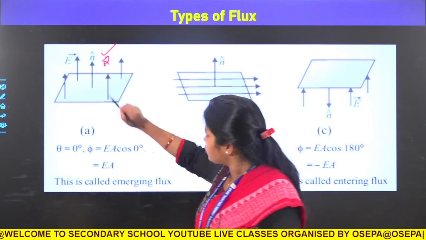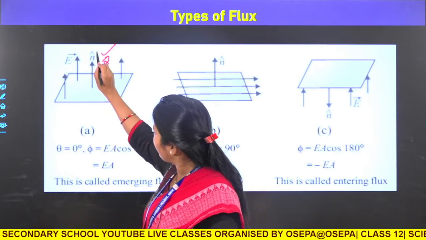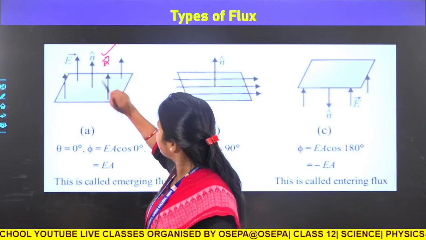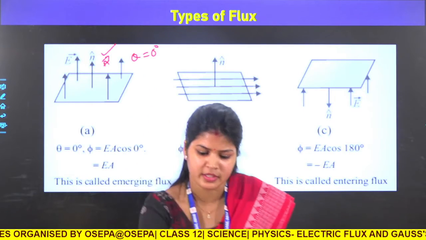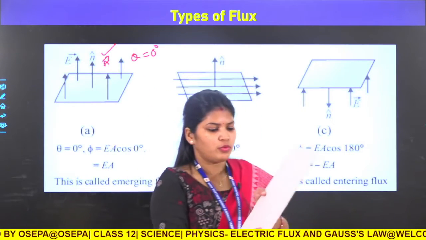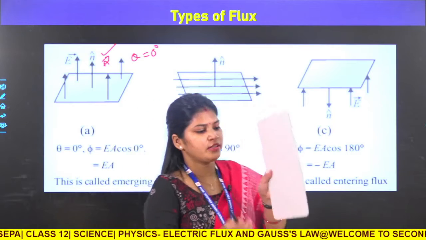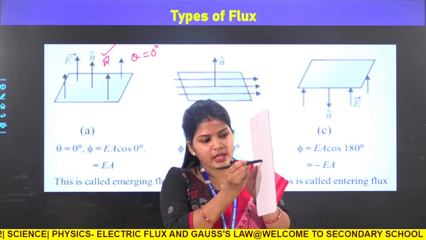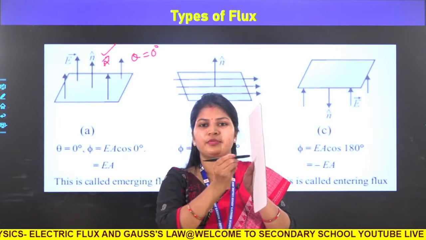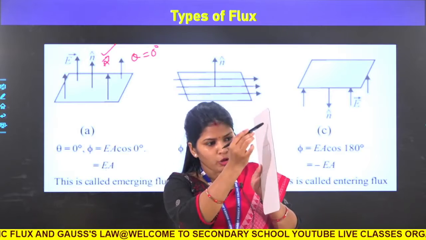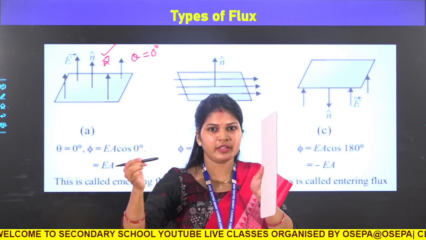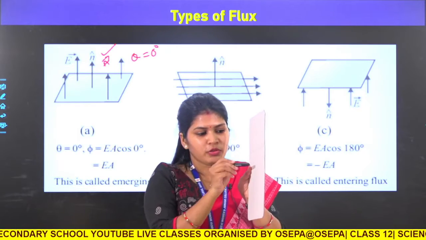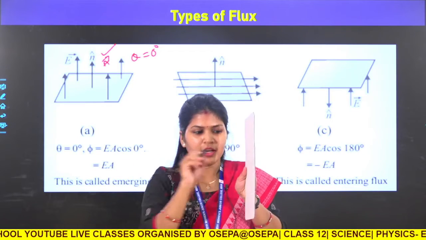The angle between the area vector and electric field vector is theta equal to 0 degree. Suppose this is a plane surface and the electric field is in this direction; the area vector is also in this direction.